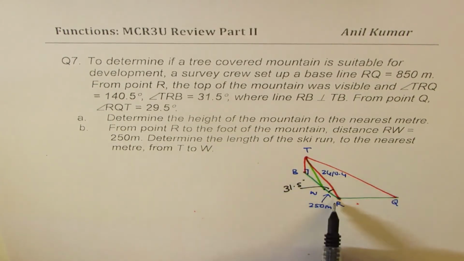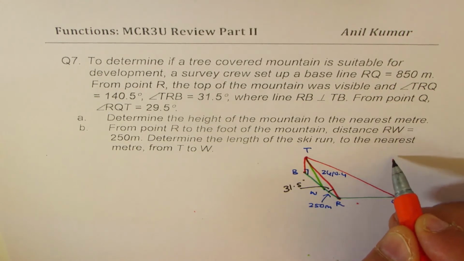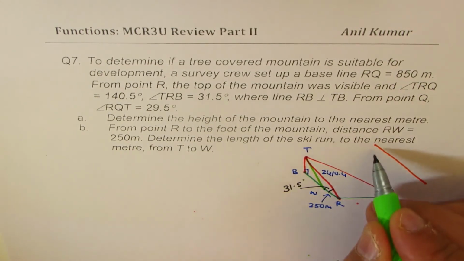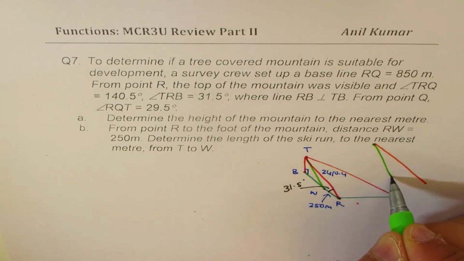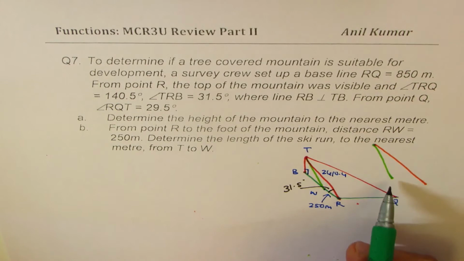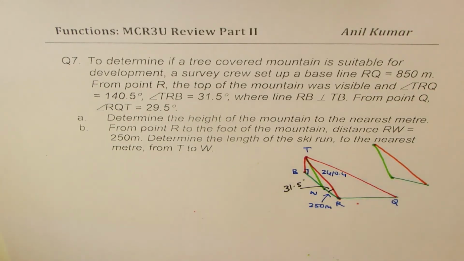I'll make a bigger sketch of this small triangle, and then we'll work on that. The triangle we are working with is like this. Let me redraw here. We have a slope here, and we want to find this particular length. What we know is that it is 250 from this point.